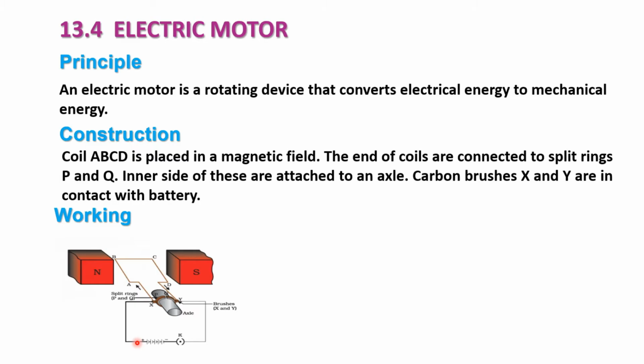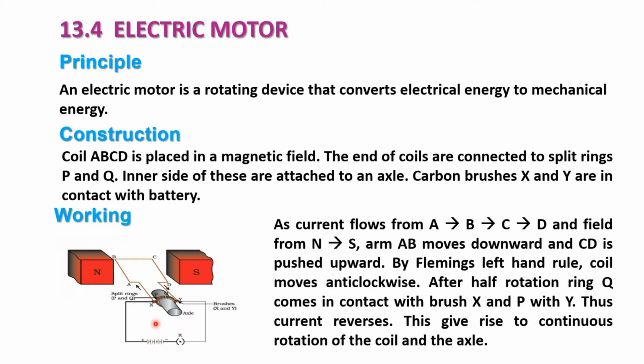Okay, now let us see the working of electric motor. As current flows from A to B, how will the current move in the cell or battery? It is moving from positive to negative. So the direction will be from this side.